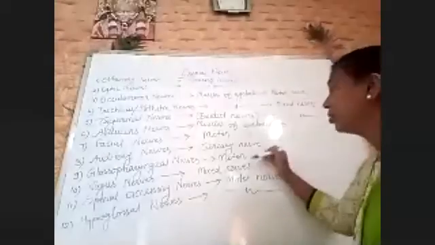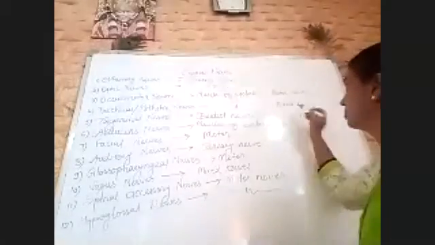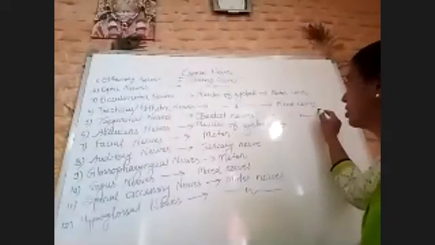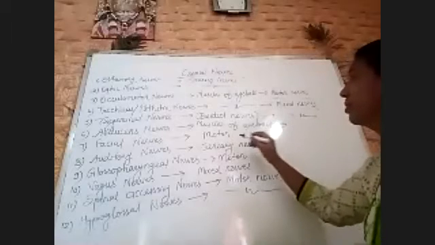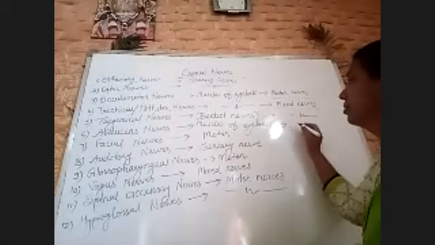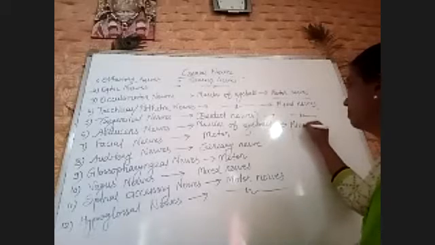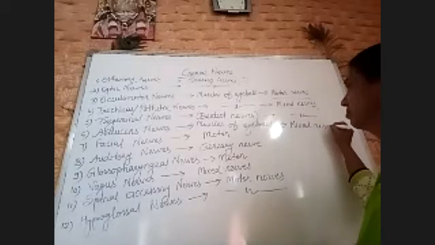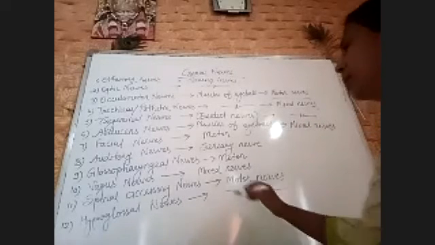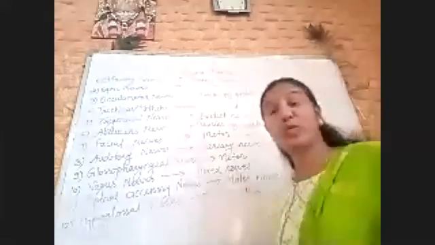So these are the motor nerves and the remaining they are the mixed one. This one is the mixed, fourth number. Then here abduction. It is also mixed one. Okay, and the vagus, this is also mixed one. So this is about the cranial nerves.